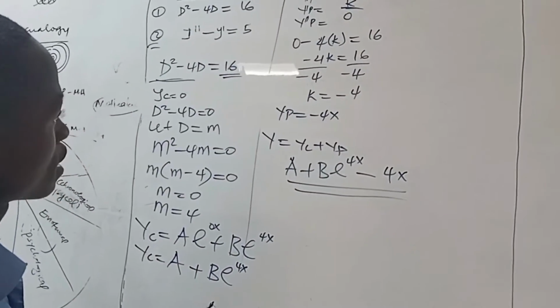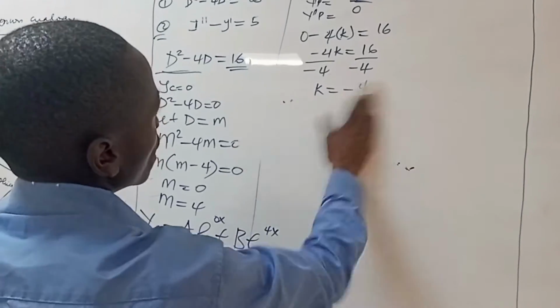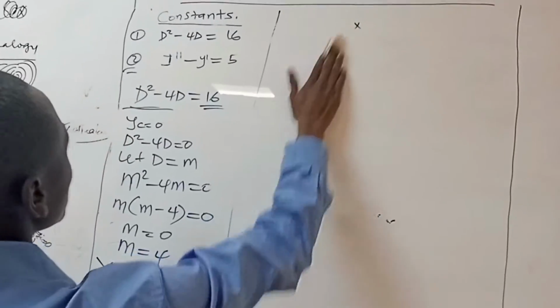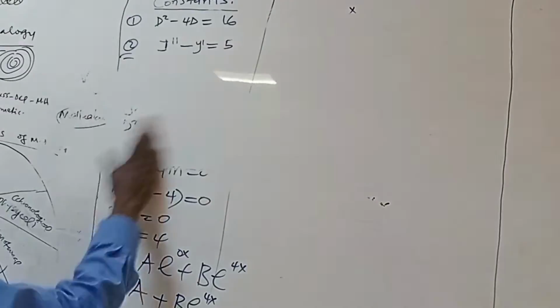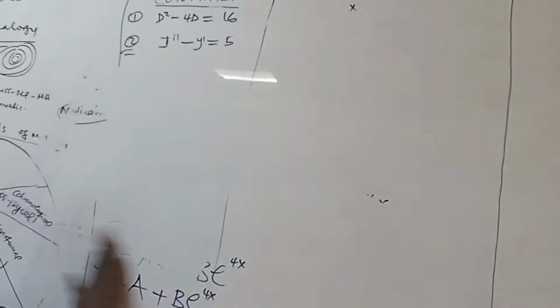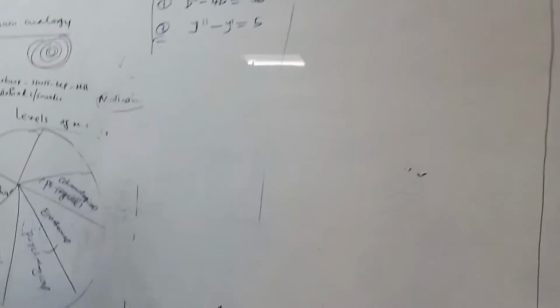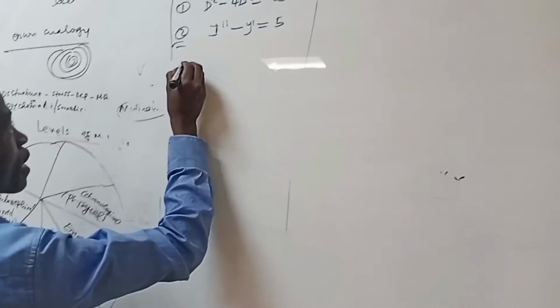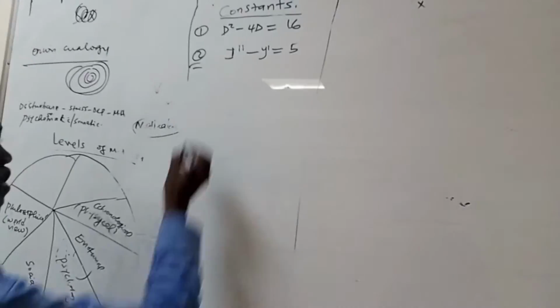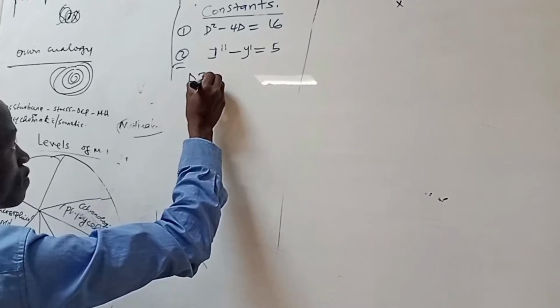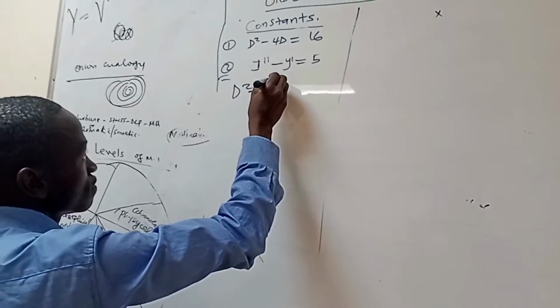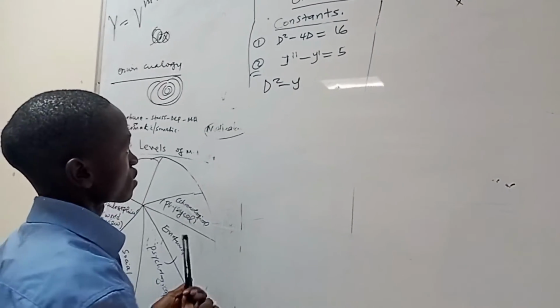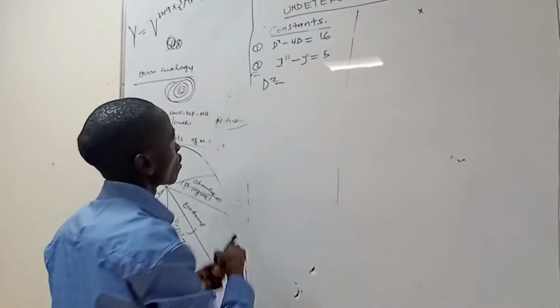Alternatively, you can also do another example like this. Let me just clear this and check example 2, whether you also get what is required. So once again, you are given y double prime, which means it's just the second derivative, minus the first derivative. The first derivative, we just write D instead of y prime.